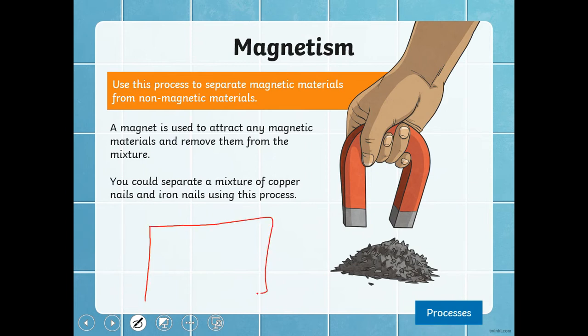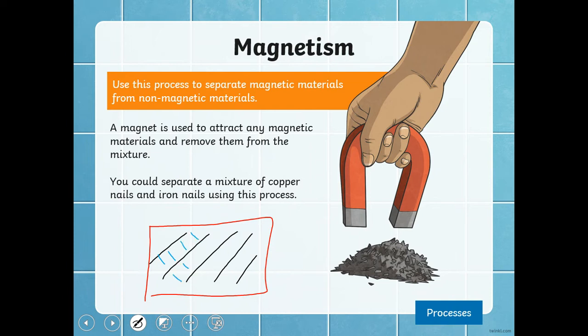So if we have, say, a flat surface, and we have two different things. We have something that is magnetic, and we're going to use black for that, the stuff that is magnetic. And then we're going to use blue to demonstrate stuff that is not magnetic.